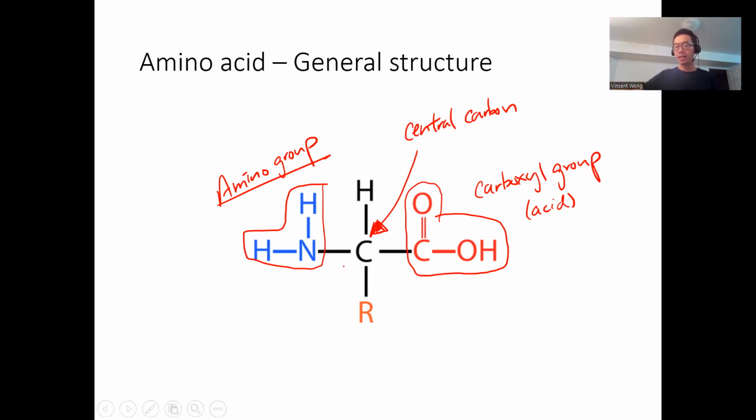What makes them different is the R group right here. This is called the side chain. And there are 20 different kinds of side chains that exist, creating the 20 different amino acids.